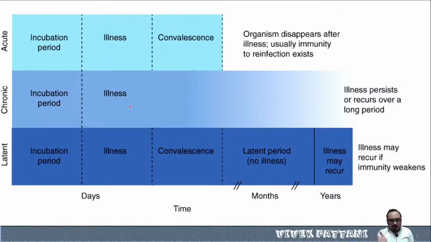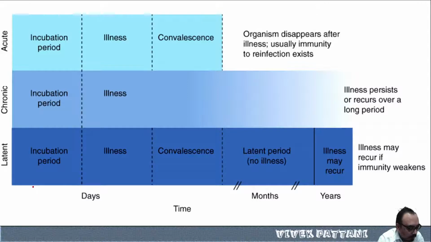The illness persists for a very long time, and if it remains untreated, or if no medications or other preventive measures are used, it may persist for a very long time and finally may even lead to the death of the host.